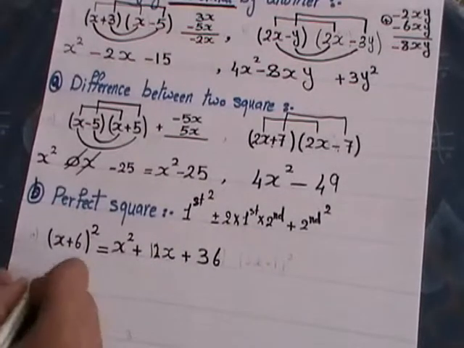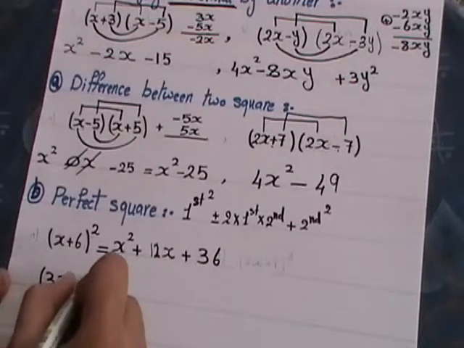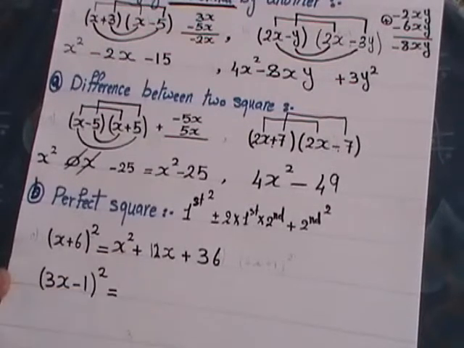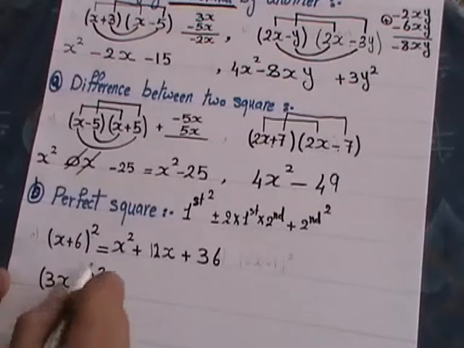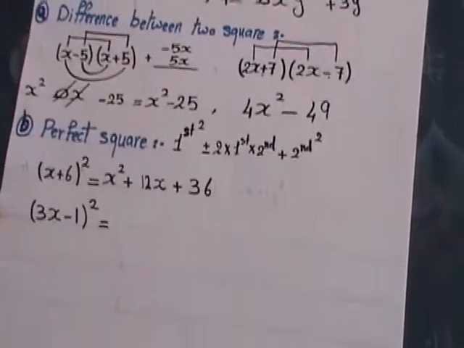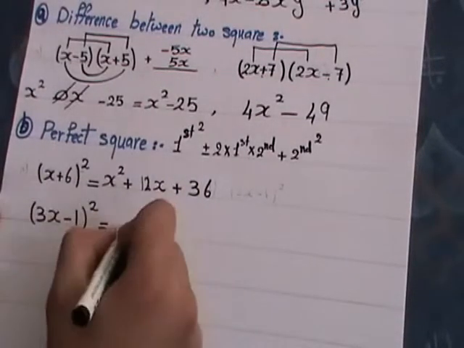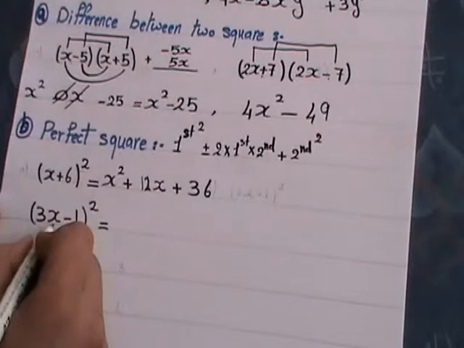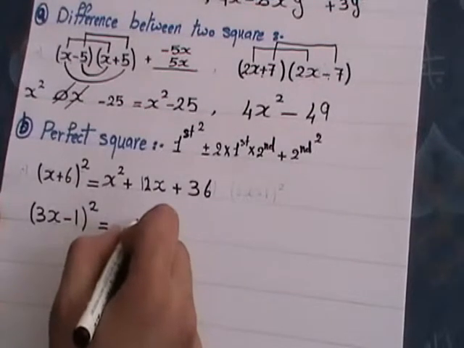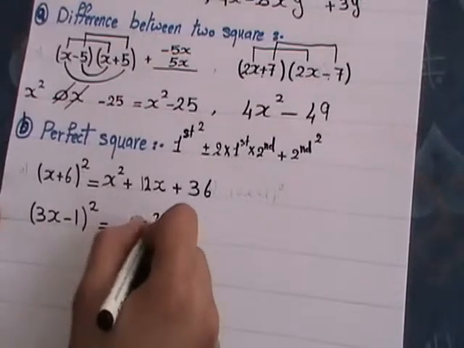Another example. If we have 3x minus 1 all to the power 2, it is a perfect square. Why? Because we have a bracket to the power 2, this bracket repeated 2 times. How can we find the result? By the rule. The rule says the first term is squared. Here we have 3x squared: 3 times 3 equals 9, and here x to the power 2.